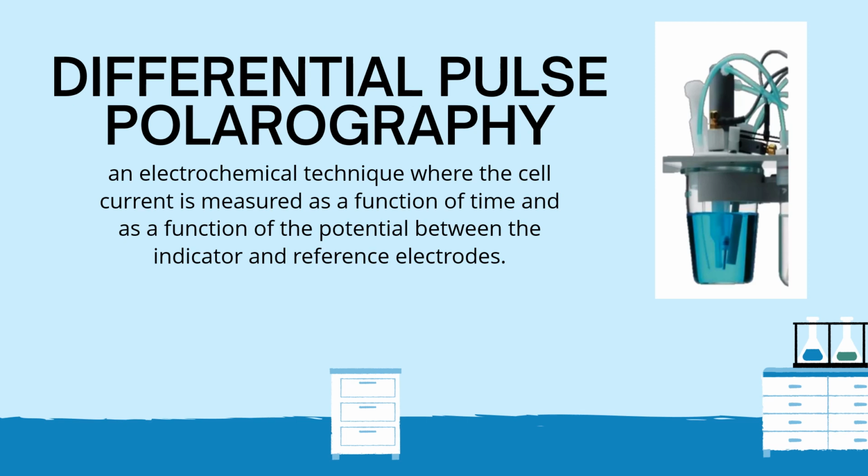Then, instead of applying a steady voltage, as in regular polarography, you apply a series of small voltage pulses atop a baseline voltage. Each pulse is brief and low in amplitude. After each pulse, you measure the resulting current.